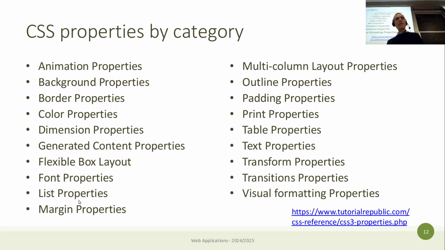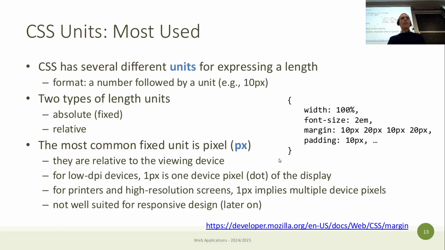Lists and so on. Animation, you can also animate some elements, there are transitions or stuff like that. There's really a lot of properties that you can set with CSS. We will review basic things now, just to let you start using CSS.